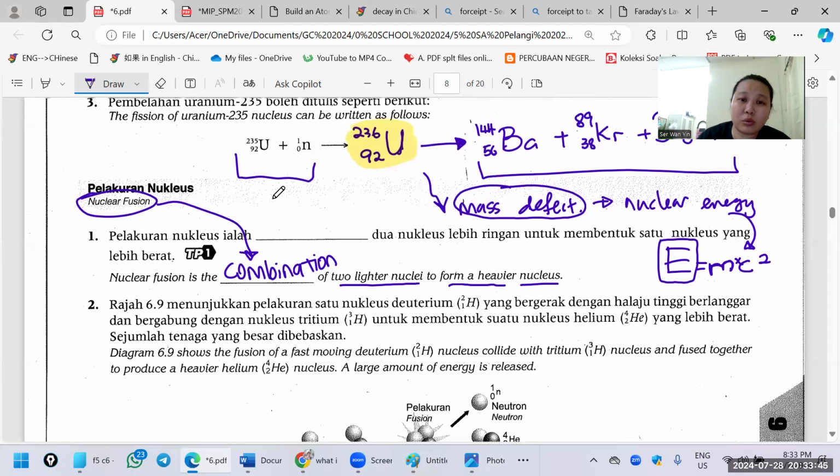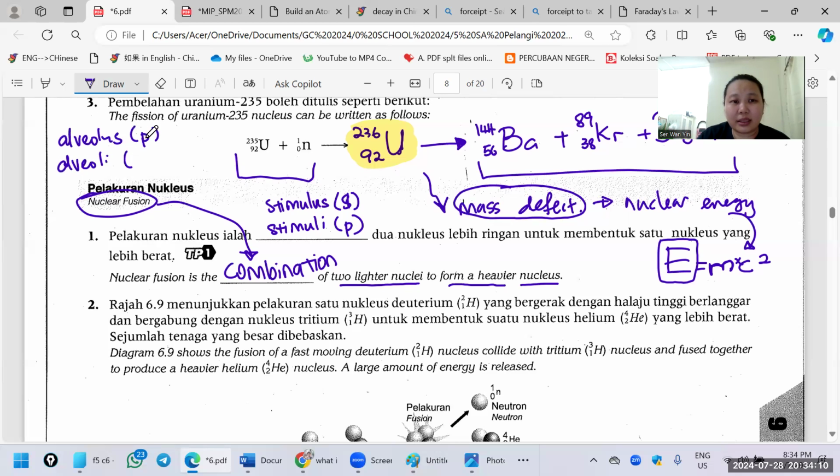Nucleus, I believe you know. You learn this in Form 3. Stimulus means one change, stimuli, so this is singular, this is plural. And I believe you remember alveolus, singular, alveoli, plural. And locus, singular, and loci, plural.